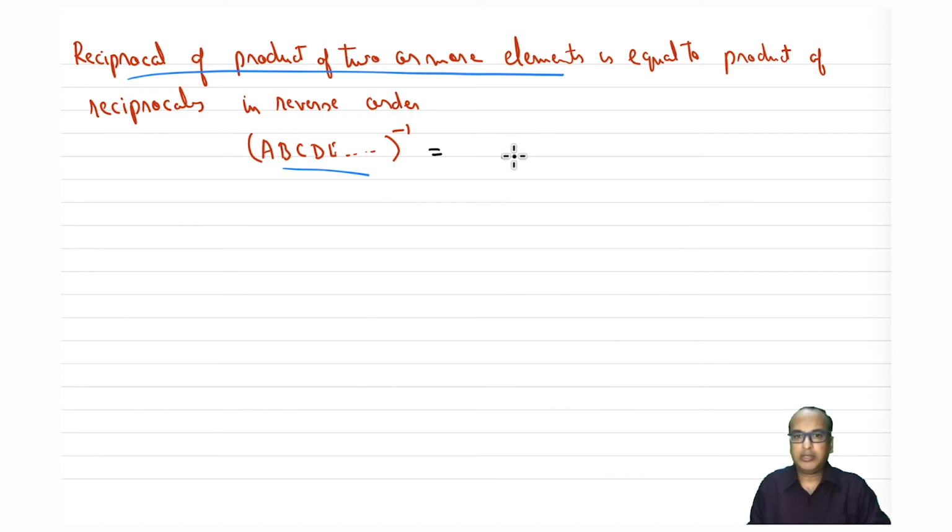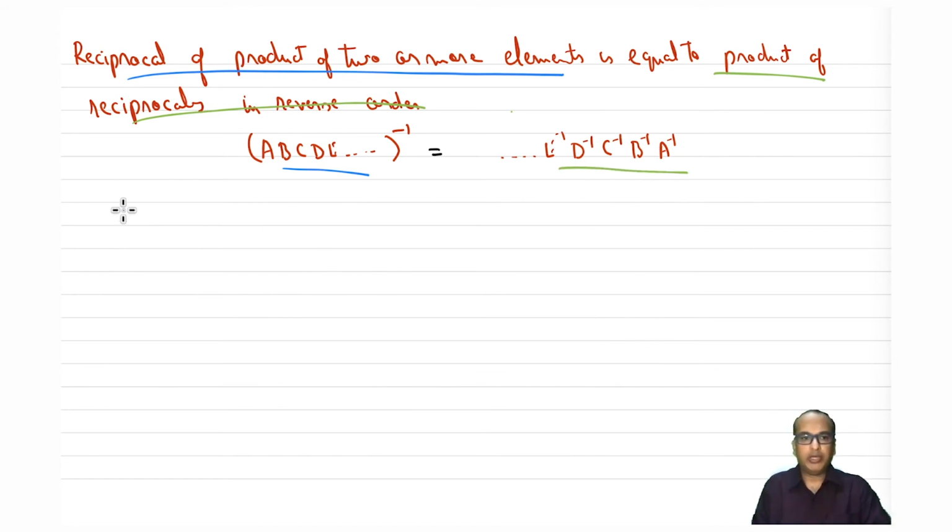That means E inverse, D inverse, C inverse, B inverse, A inverse, right? So the product of reciprocals in reverse order will be equal to this, right?